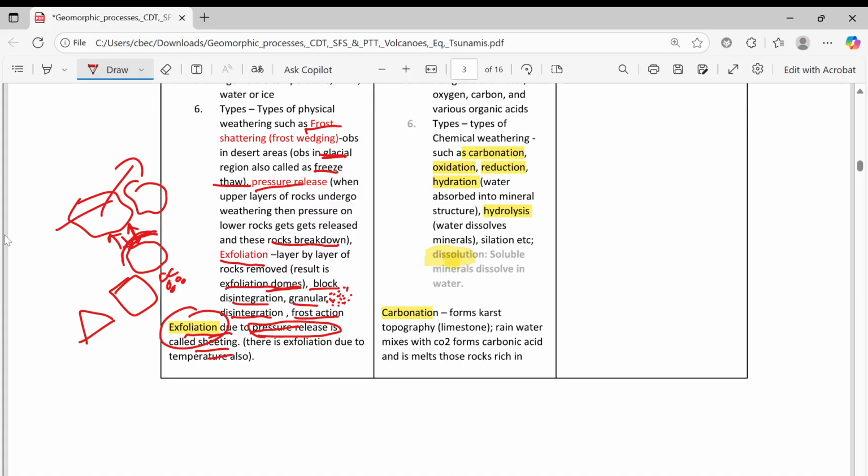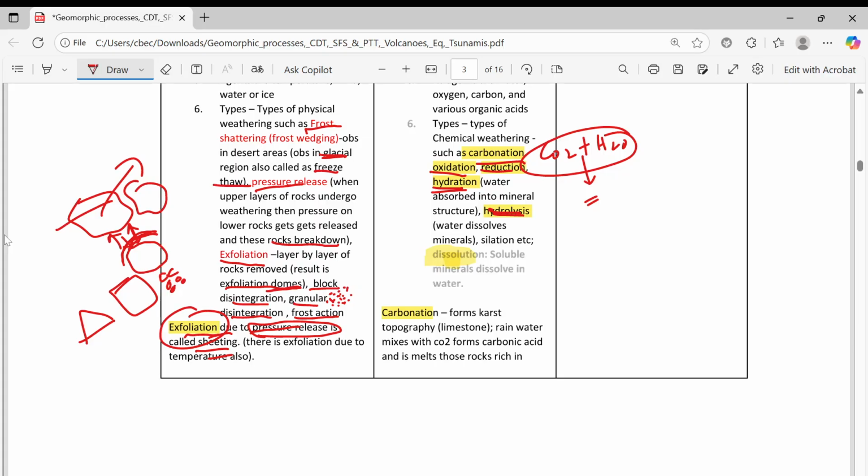Then types of chemical weathering, very important. Carbonation means CO2 plus H2O, water, mixing, then carbonic acid is forming. This is melting. Oxidation, adding oxygen, reduction, removing oxygen. Then hydration means water will absorb. For example, you put a sponge in water, it will hydrate. Hydrolysis means water will break down.